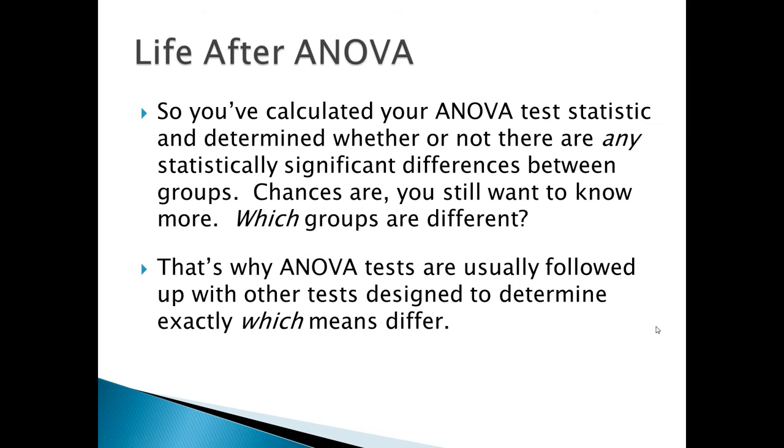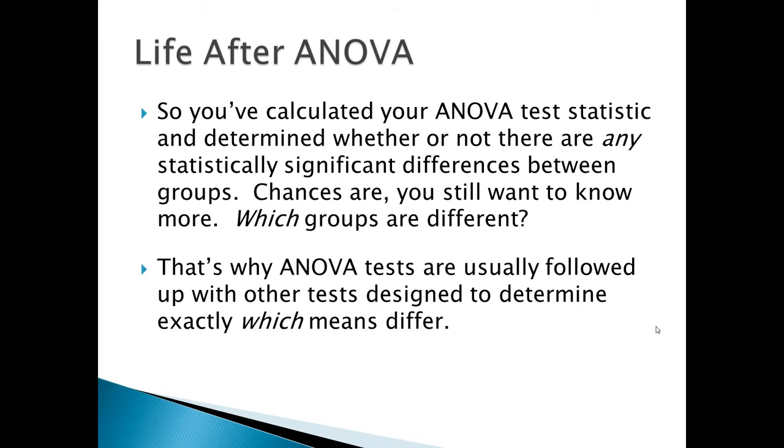Life after ANOVA. So you calculated the ANOVA test statistic, and you've determined whether or not there are any statistically significant differences between the groups. Well, chances are you still want to know more, specifically which groups are different. As you recall, ANOVA is an omnibus test. It just lets you know if there's any difference anywhere.